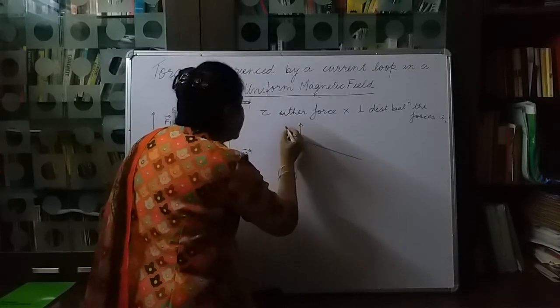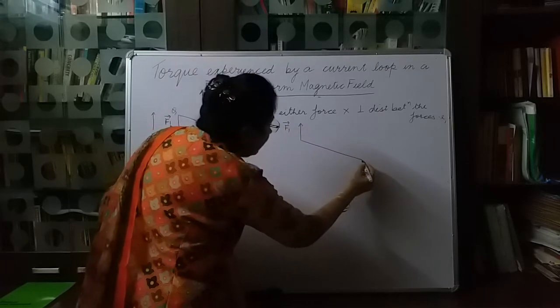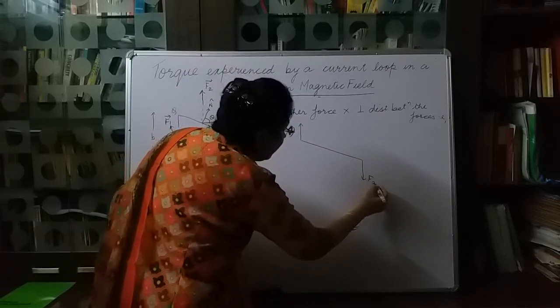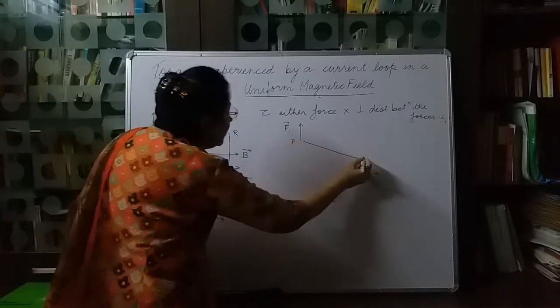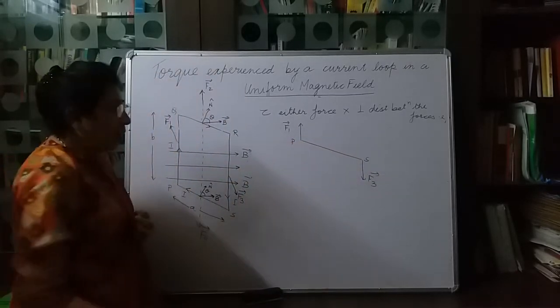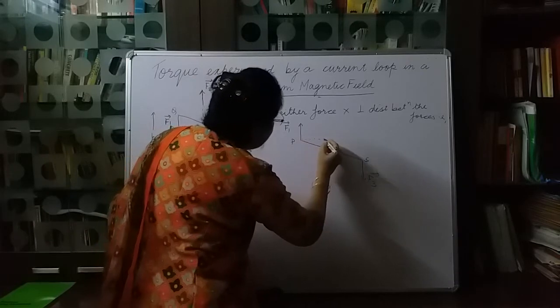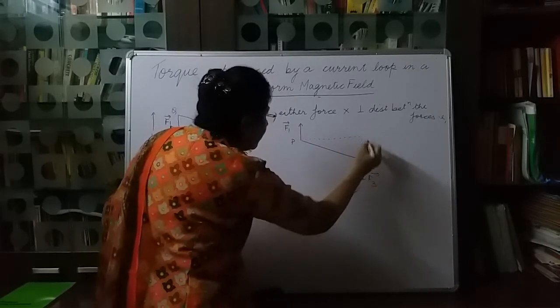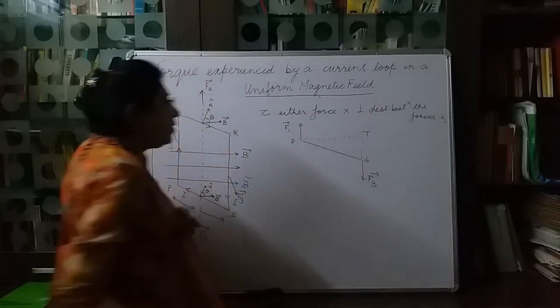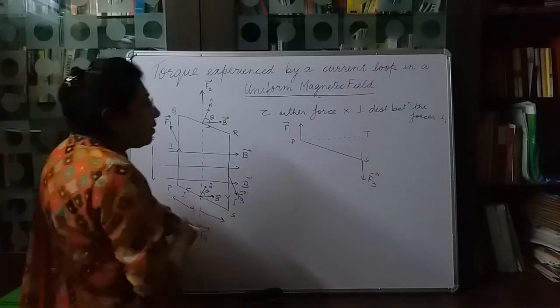Say this is F1. Here we have F3, equal and opposite. And say this is the angle psi. Let us find the perpendicular distance in this triangle.